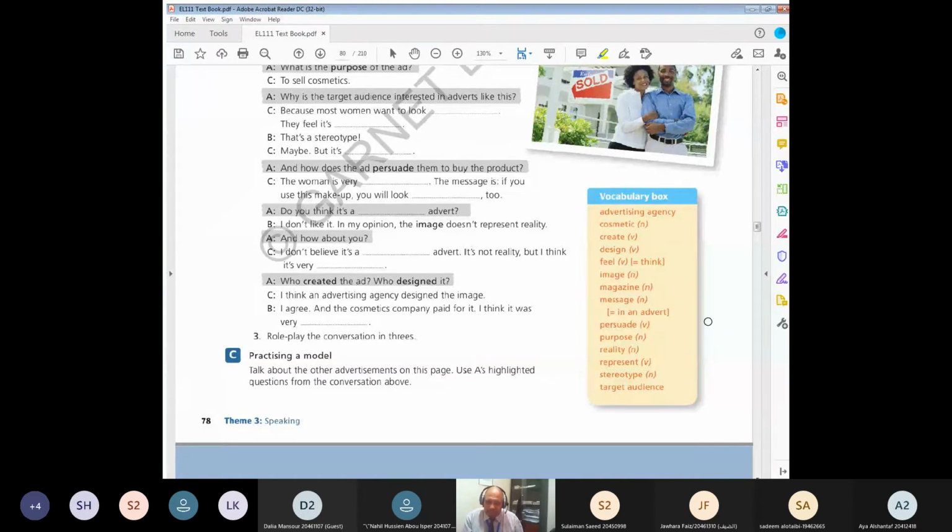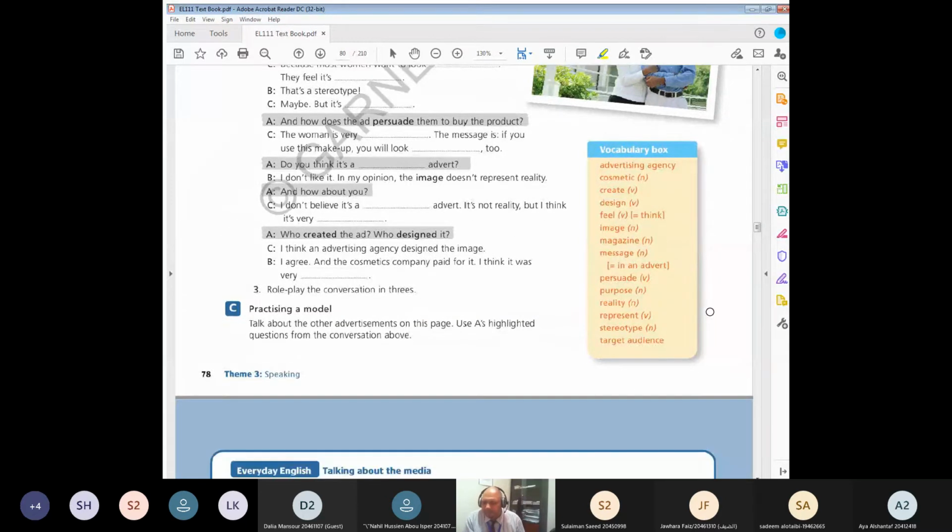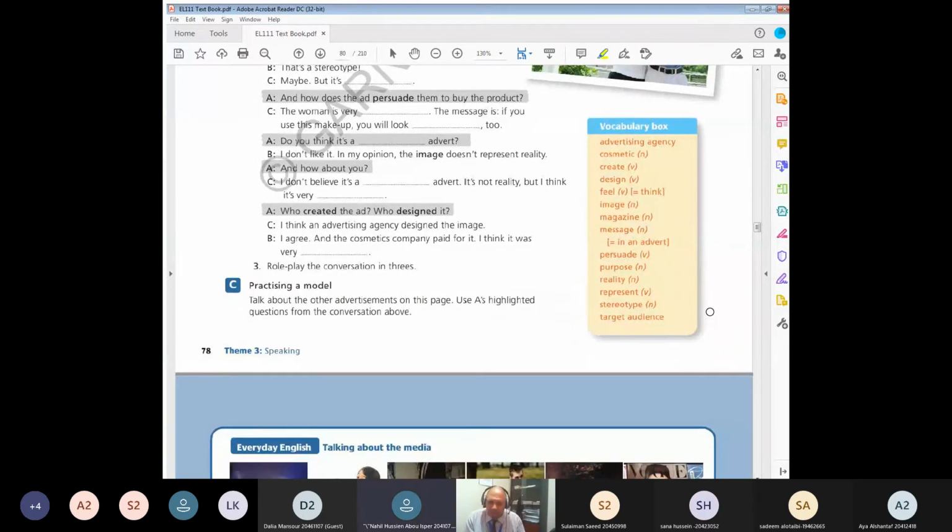Operations where you have somebody changing the way his or her nose is, you know, lips and noses and even eyes and stuff. This is called cosmetic surgeries. Okay, persuade is to convince somebody of something.